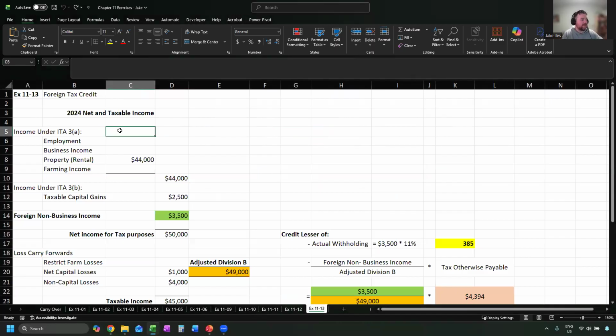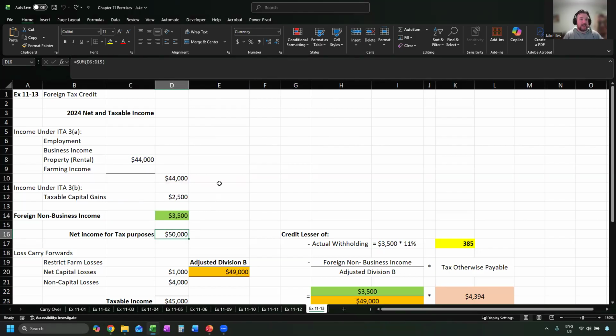So one is we have to figure out our net income for tax purposes. So using that Section 3 calculation, we include our positive incomes, which is our property rental of $44,000. We have our taxable capital gains of $2,500 and foreign non-business income of another $3,500. So that means our total income is about $50,000.